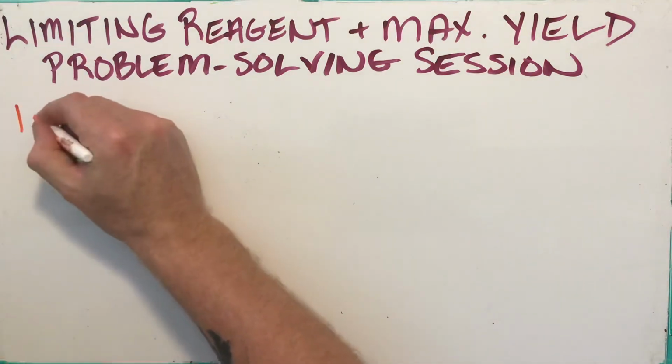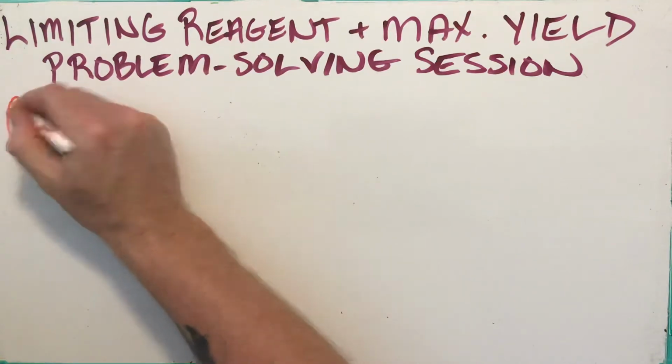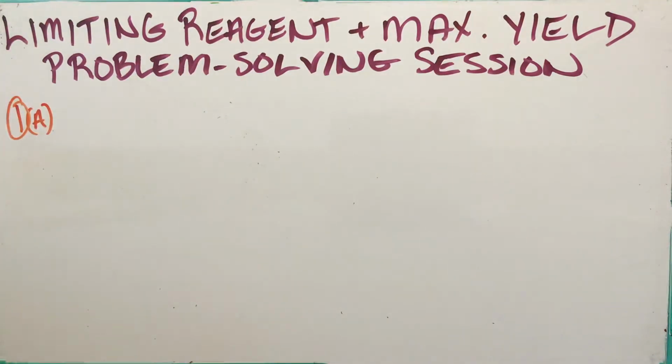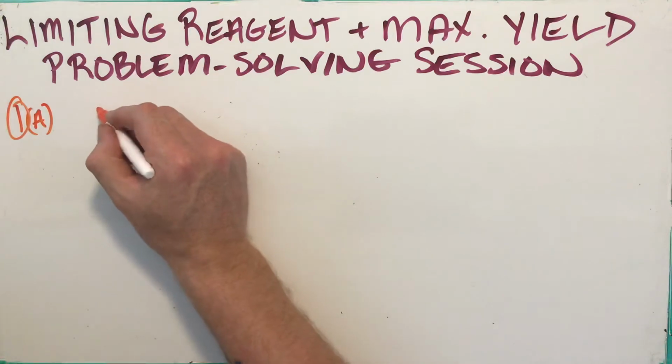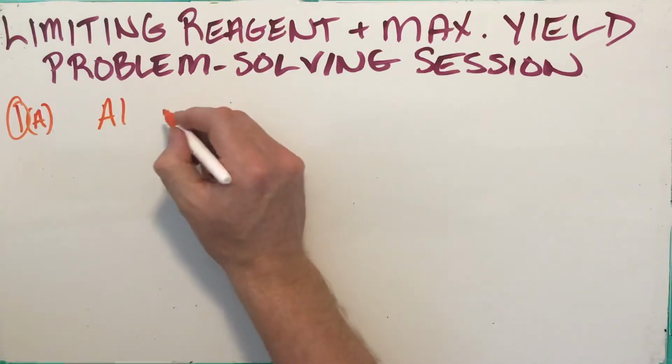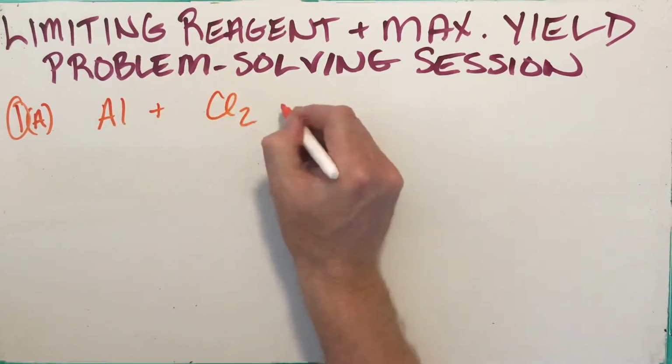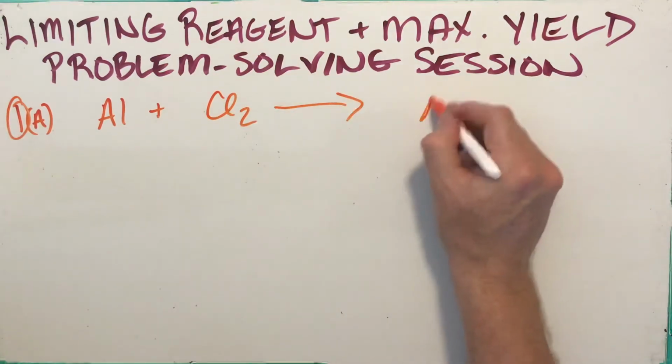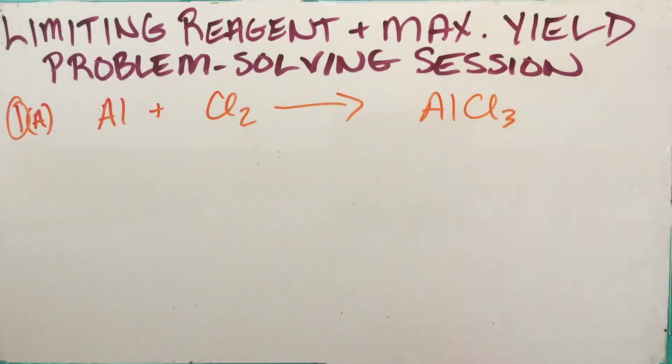All right, number 1A. The problem is that we have aluminum and chlorine gas combining together to get aluminum chloride.